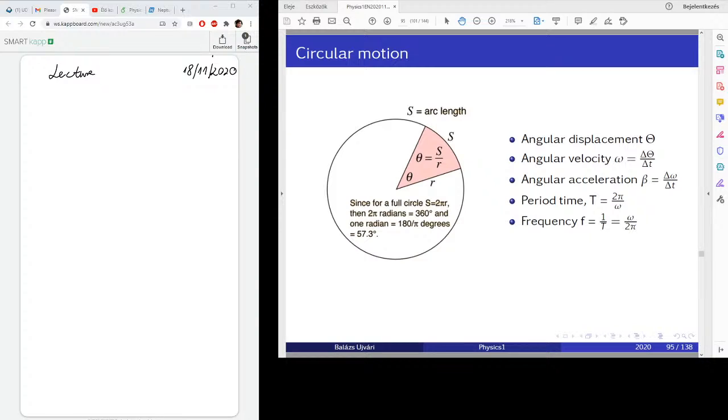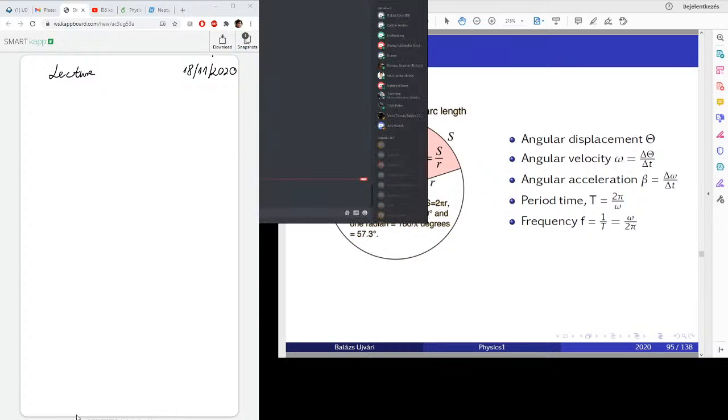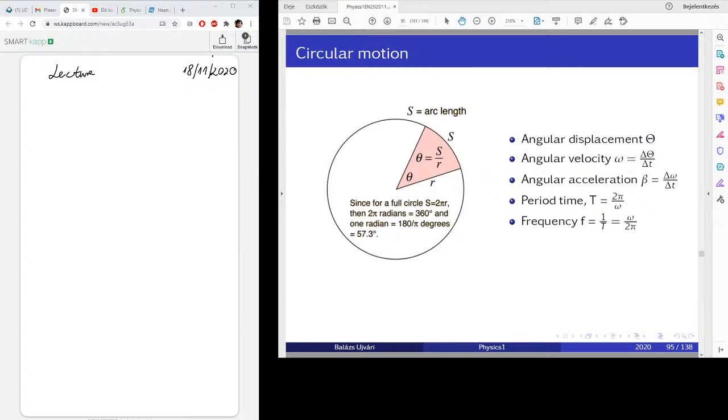We have not only angular displacement but also angular velocity. Angular velocity is nothing else but the derivative of the angular displacement. In this case, this is pi t plus pi.